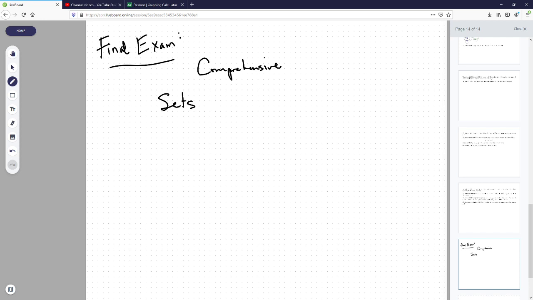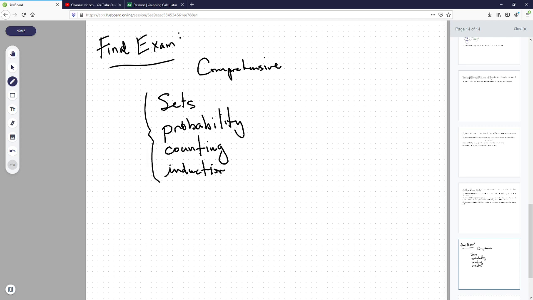It should have a unit on maybe a little bit of probability, and maybe a little bit of counting. And then maybe an induction problem or two. So yeah, let's say that there's maybe 10 problems.